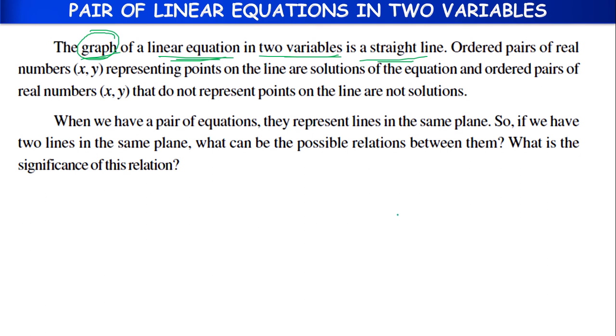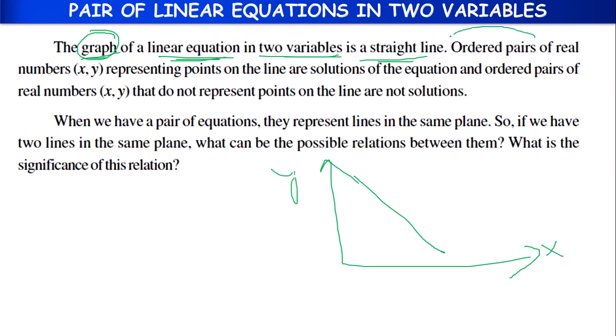Ordered pairs of real numbers x comma y representing points on the line are solutions of the equation. This means the ordered pair x comma y which lies on the line will be a solution of the equation. If x comma y does not lie on the line, it is not a solution of the equation.